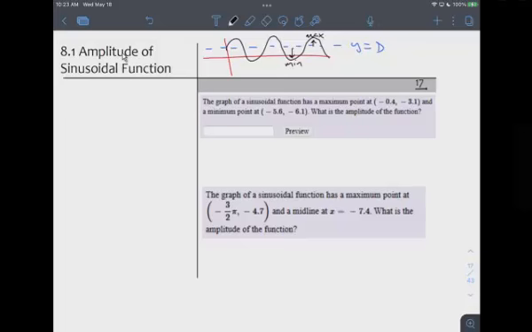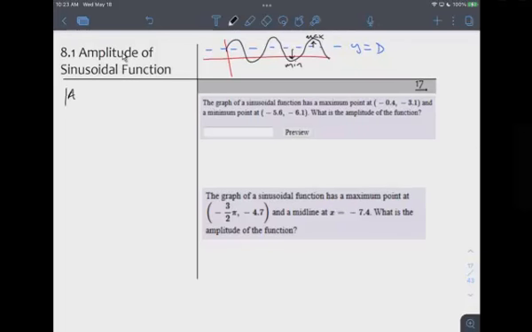And so when you're calculating the amplitude, it is either going to be the distance between those, so the max minus the minimum, divided by 2. Again, the total distance is the max minus the minimum, and we want the halfway point between that, so we divide by 2.